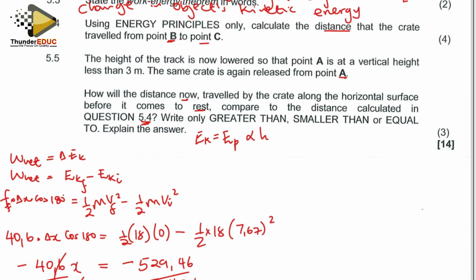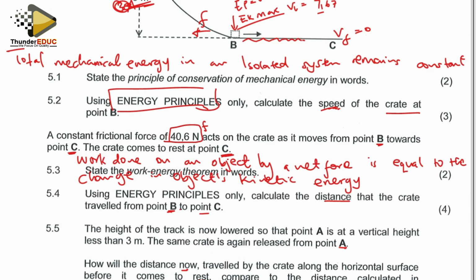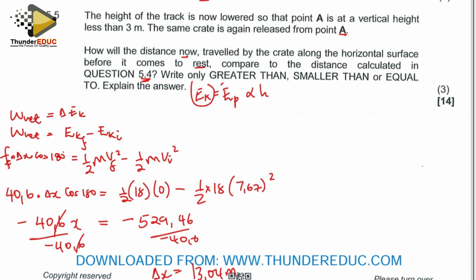Now, the moment you reduce the height, you're reducing the value of the EP, you're reducing the value of the EK, which means the velocity the crate is going to have at point B is going to be smaller. And if the velocity is smaller, it's going to take a shorter period of time before it comes to rest, which means the distance moved is going to be smaller than. Okay, so here we're going to say smaller than.